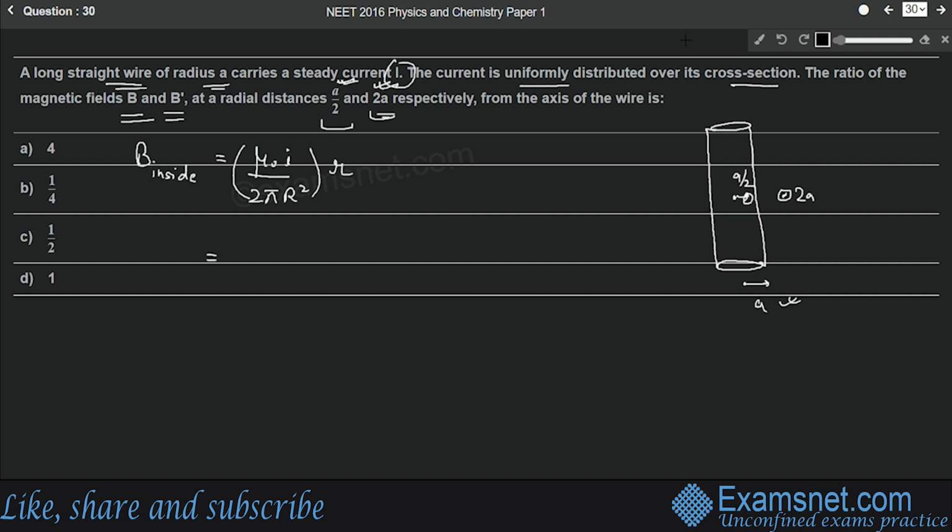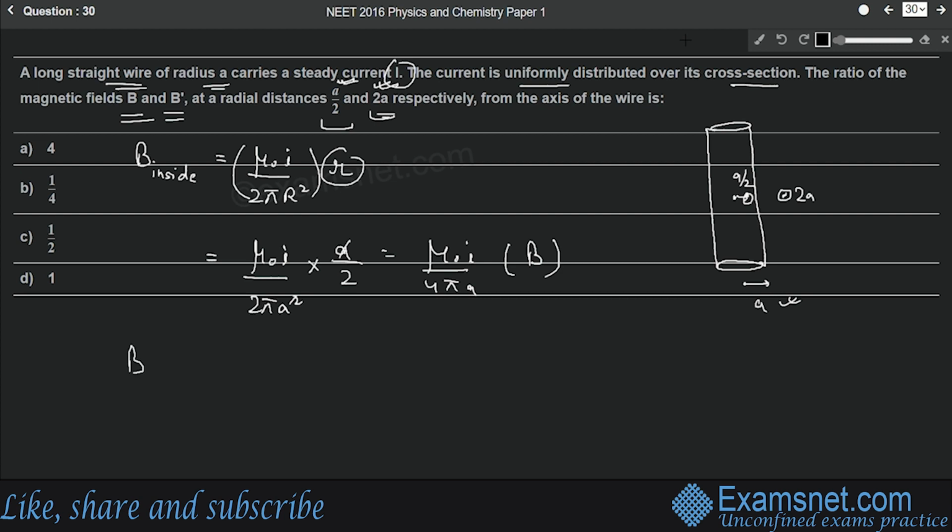So here, according to the question, the radius is equal to A. So let's put A in place of capital R. Mu naught I by 2 pi A square into this distance, which is equal to A by 2, right? So A by 2. Now on solving this, we get mu naught I by 4 pi A. Okay, so this is the magnetic field inside the wire, B.